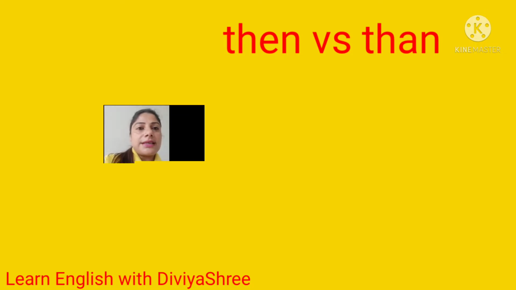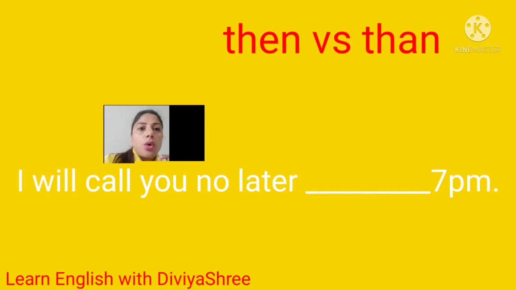Do you say, I will call you no later than 7 p.m. or then 7 p.m.? First I used THAN 7 p.m. and then I said THEN 7 p.m. So which one is correct?